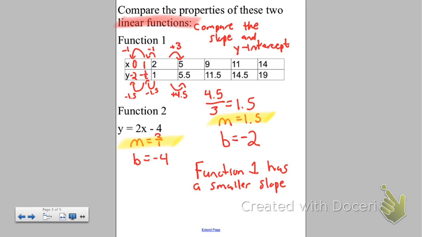So function 1 has a smaller or less slope. And now I have to compare my y-intercepts. So I have negative 4 and I have negative 2. So I can say that function 1 has a greater y-intercept.